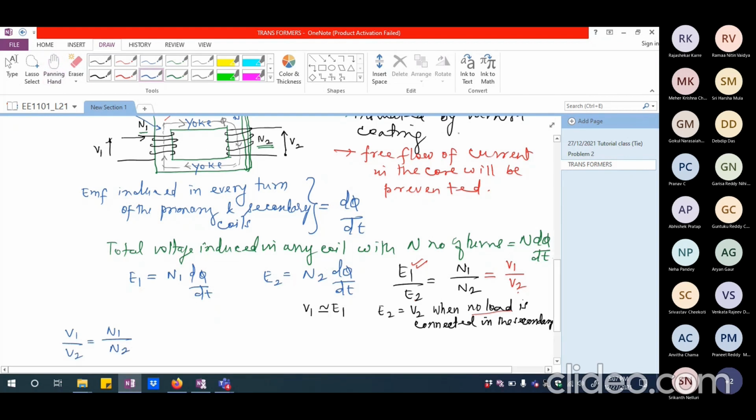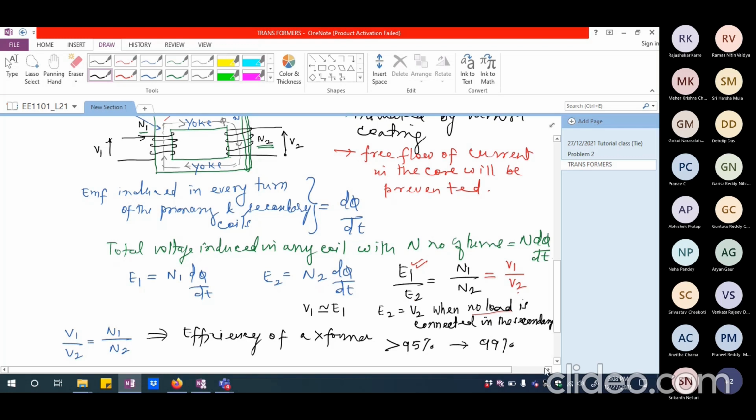Another major advantage of using a transformer for stepping up and stepping down action is that the efficiency of a transformer is extremely high. The efficiency of this kind of ferromagnetic material based transformer will generally be greater than 95%. In fact, it can easily go up to 99%.